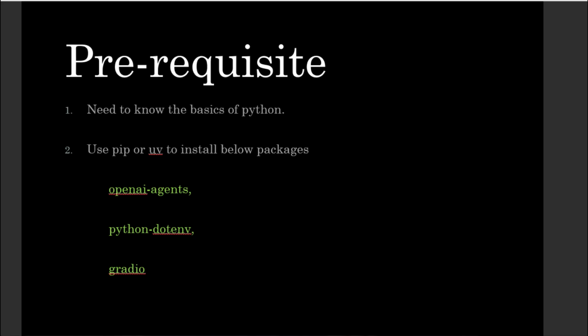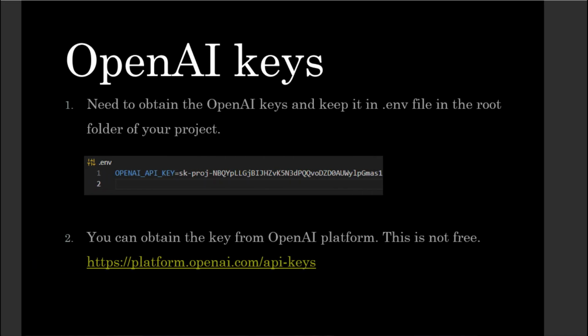In this first presentation, I will list out all the prerequisites for this application. You need a basic understanding of Python code, and secondly, you need to install the libraries I'm going to mention here. In the second step, you need an OpenAI API key.